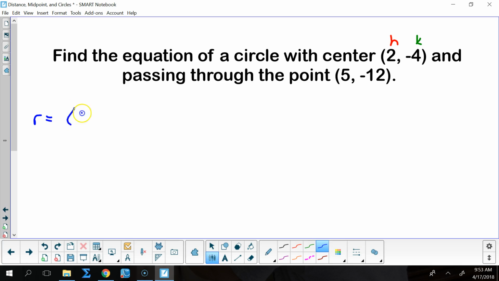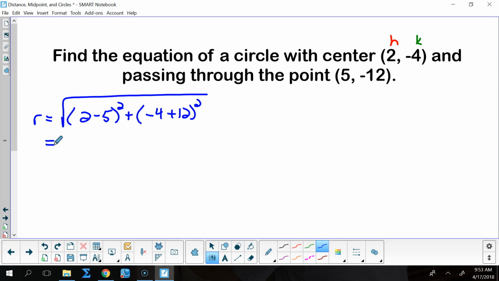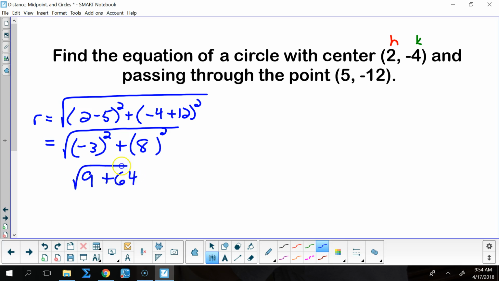So that's going to be 2 minus 5, quantity squared, plus -4 minus -12, quantity squared, and take the square root of that. So that's going to be -3. That's going to be +8. That's going to be 9 plus 64. 9 plus 64 is 73. And I'm going to leave it as the square root of 73.